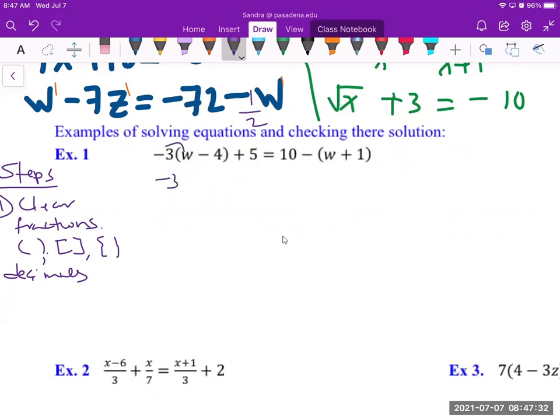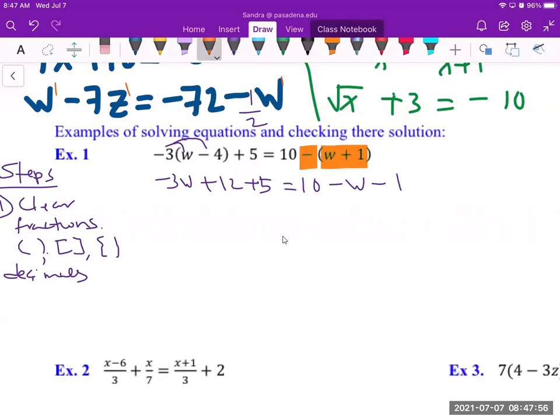That will be a negative 3w. Negative 3 times a negative 4 gives me a positive 12, plus 5 equal to 10. I'm going to distribute this negative. That negative is going to change the sign in here to the opposite sign, so that's going to change into a negative w, a negative 1.